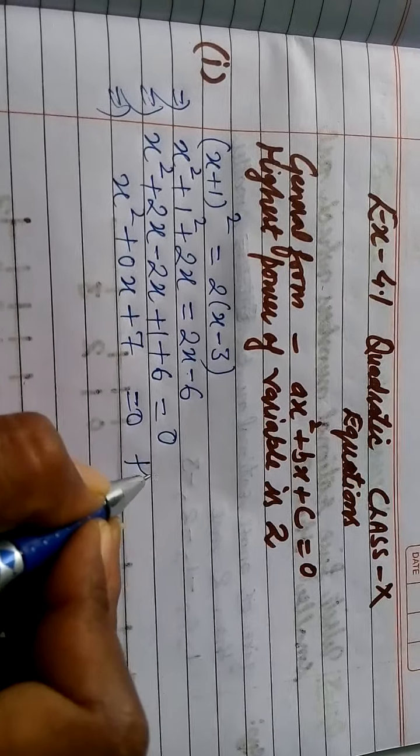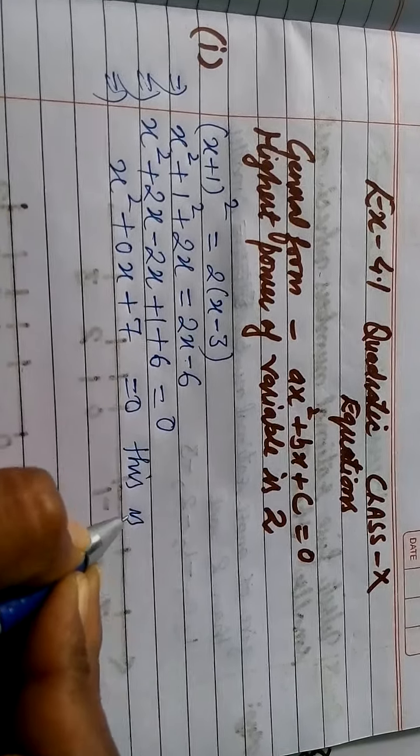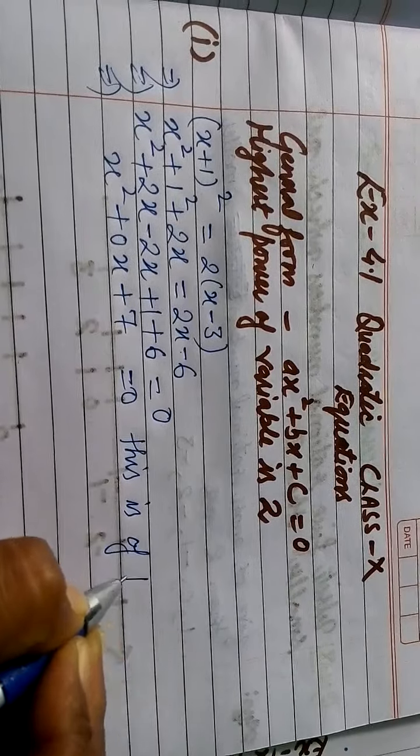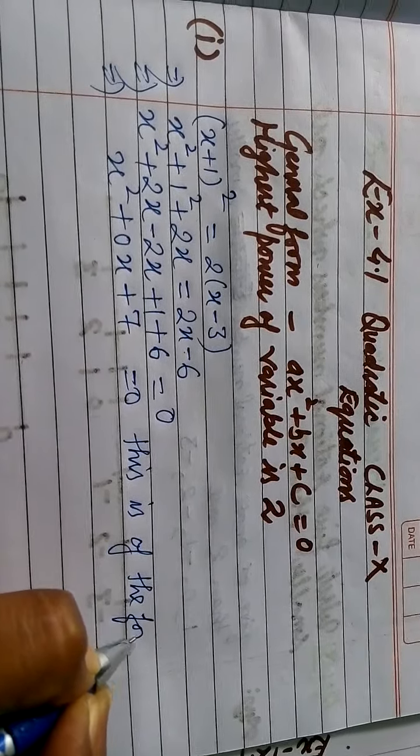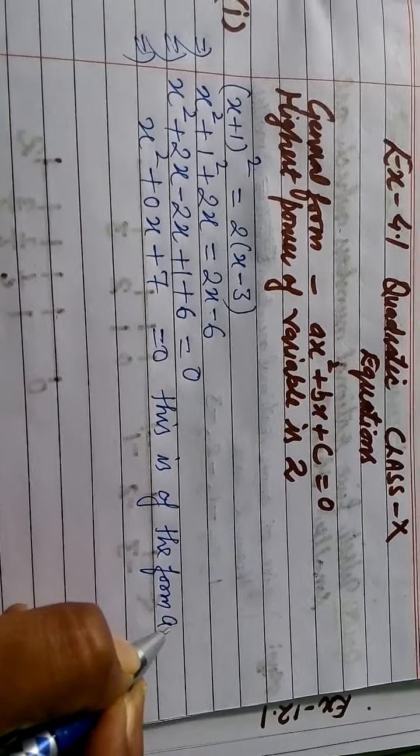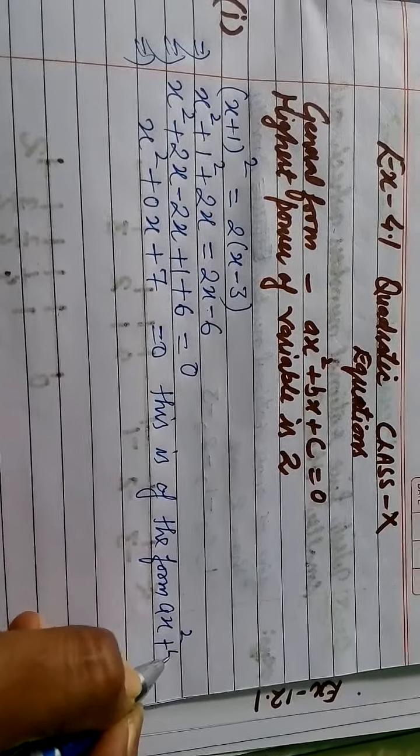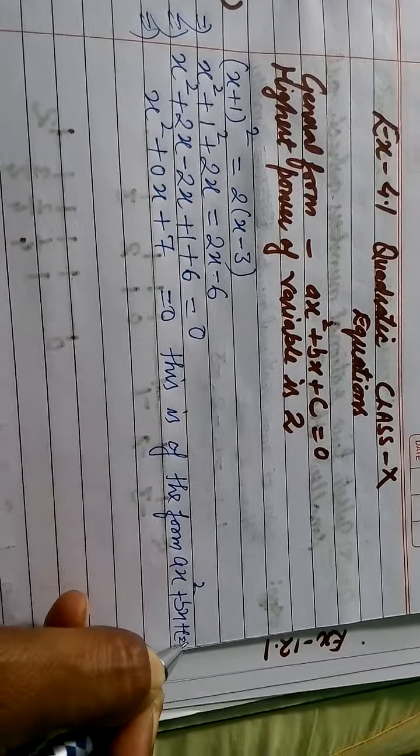Okay, this is of the form ax square plus bx plus c is equal to 0.